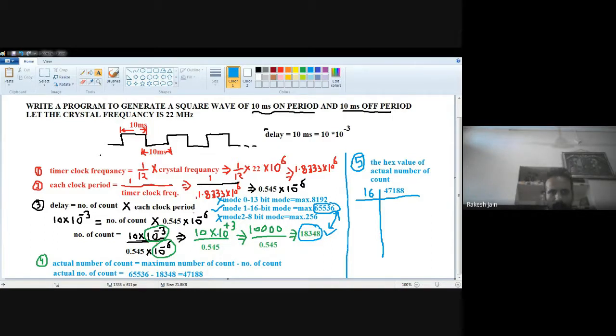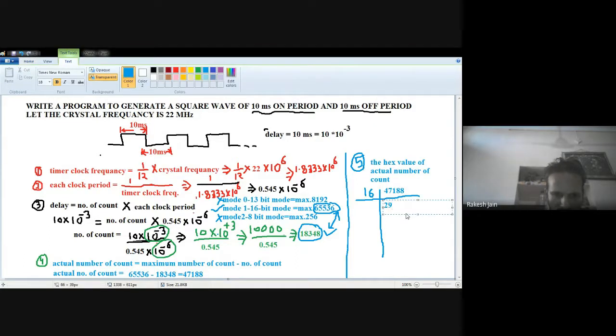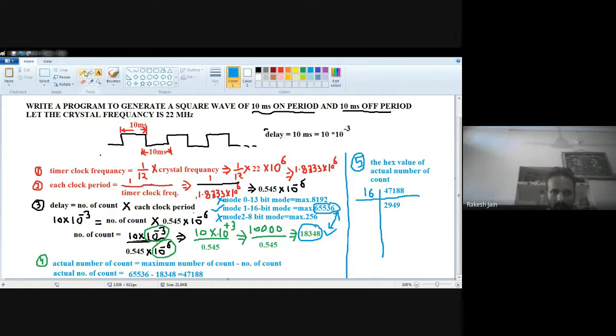It will go up to 2949 times. 2949 times 16 is 47184. It means 4 is remaining. So I just write down here 4.